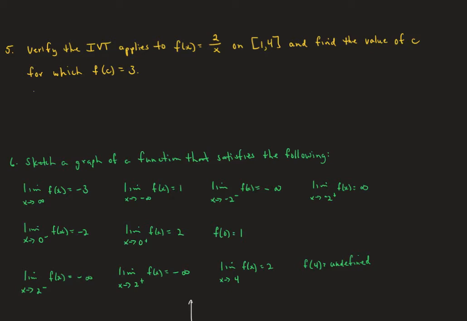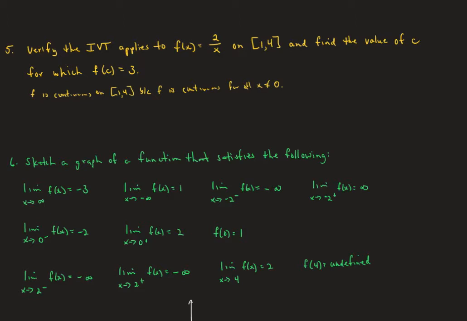So we just have to argue that f is continuous on the interval from 1 to 4 because f is continuous everywhere except where it's undefined, so for all x not equal to 0. That's the only place where we have an issue.